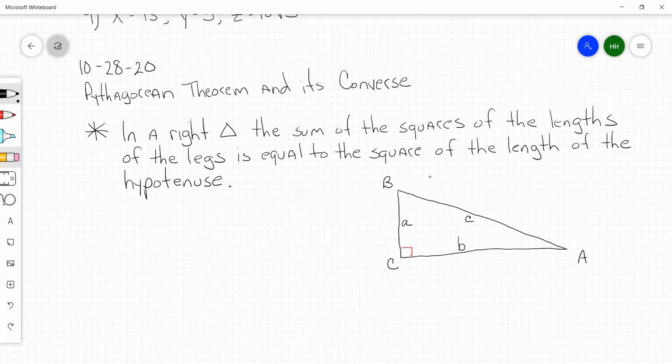And what the Pythagorean theorem says is that if triangle ABC is a right triangle, then side lowercase a squared plus lowercase b squared equals lowercase c squared.